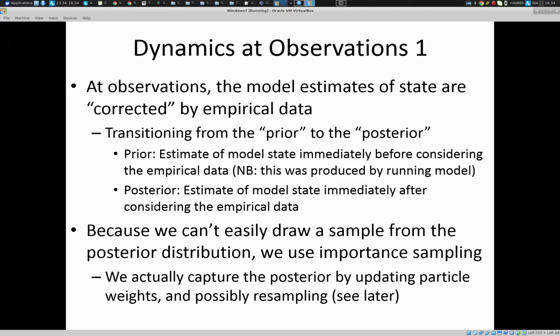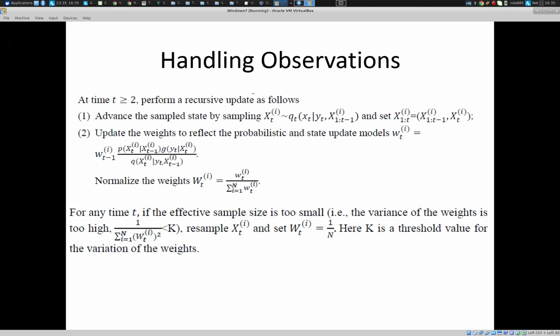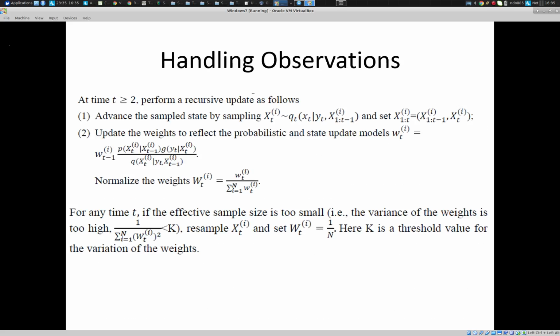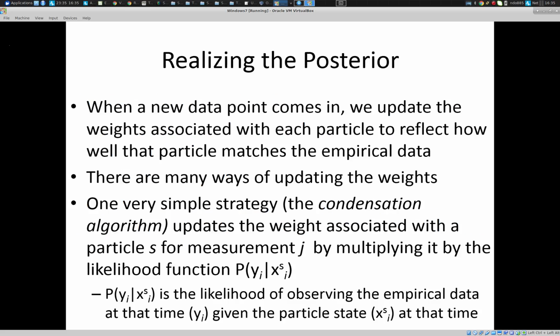It's preferring those particles that are consistent with it. So the strategy here is one of importance sampling where we're sampling according to particular weights. There's some theory here which I'll provide on the slides, and I could also refer you to many of our papers on this. So when each new data point comes in, each new observation or vector of observations, we update the weights associated with each particle to reflect how well the particle matches the empirical data.